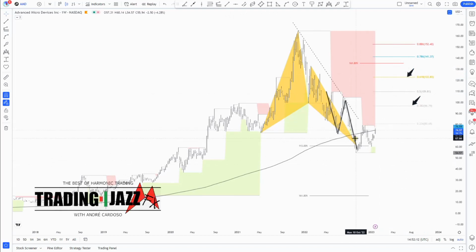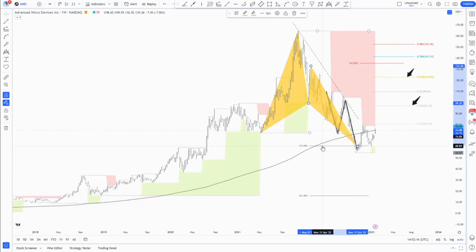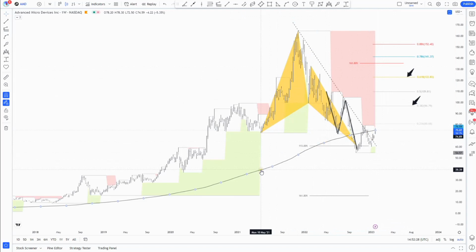So that being said, AMD bullish alt-bat pattern completed at 60.83. We are also threatening the breakout of this descending channel, descending momentum, let's say. We are threatening the recovery of the 200 moving average. We have a fractal that we should pay attention to at 79.23.